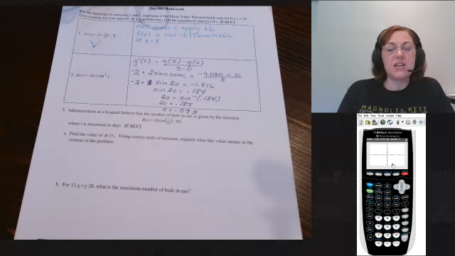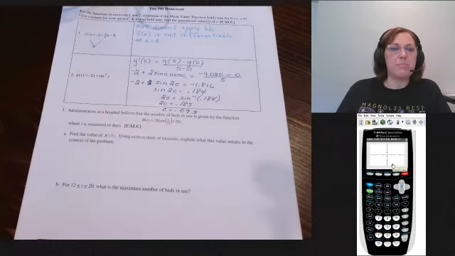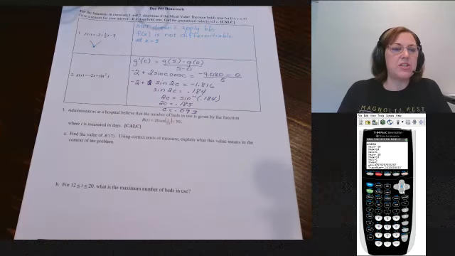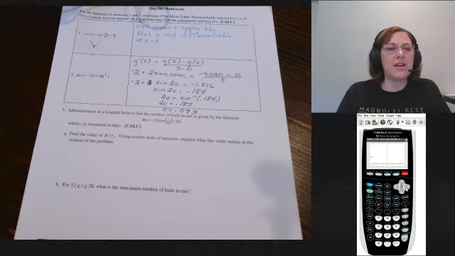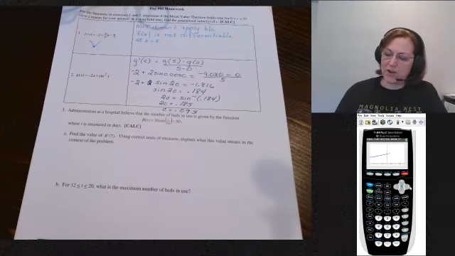Now it looks like we're probably not in a very good viewing window, especially if we were shifted up 50. So I'm going to adjust that viewing window a little bit. Let me go down here to the Y max. I'm going to just change that to 100. I think that'll be pretty good. And let me turn those tick marks off on the y-axis there. There we go. You can see our graph now.